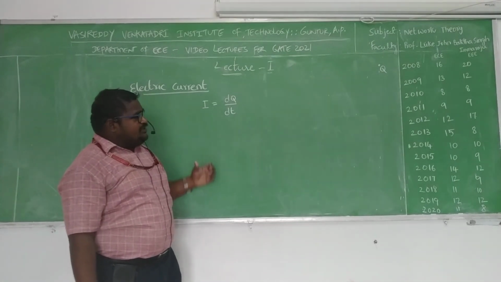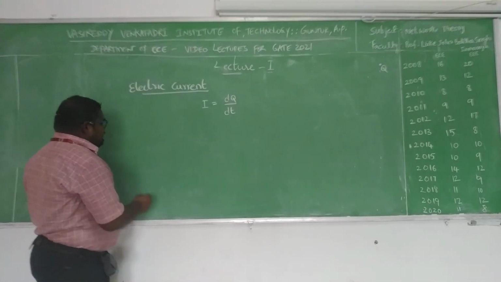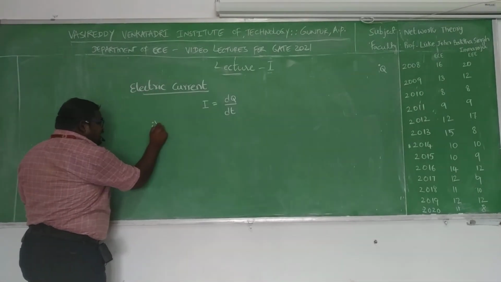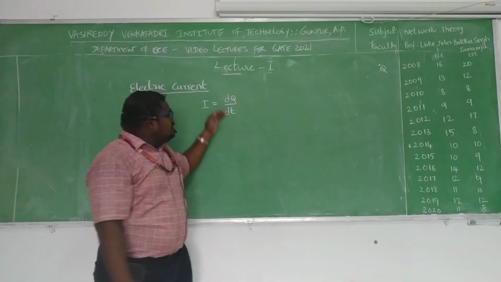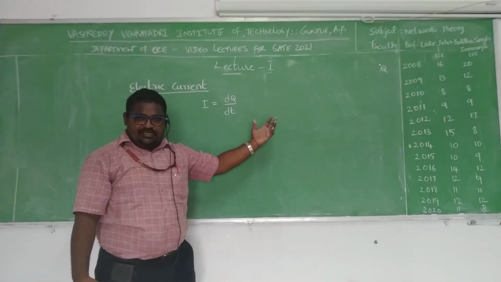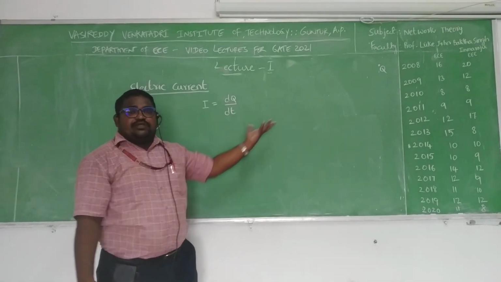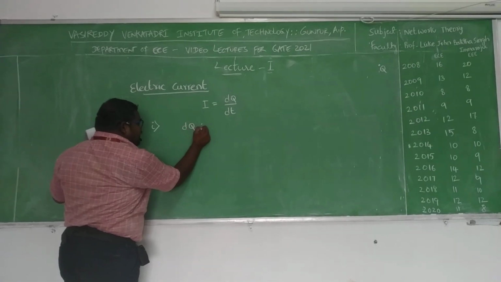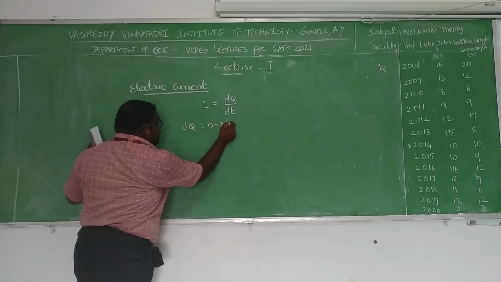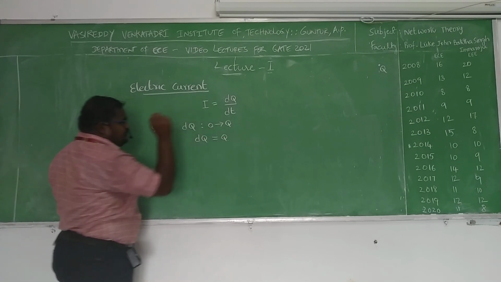Now let us analyze this equation. For example, in any circuit, the charge changes suddenly. The charge value changes from one value to another value without any change in time. That means the change in charge, let it be from 0 to q, so dq is equal to some q value.